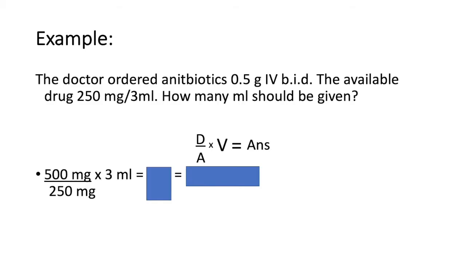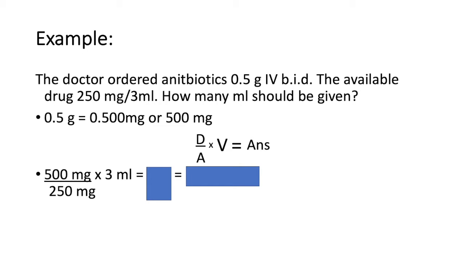So example, the doctor ordered antibiotics 0.5 gram IV, BID, or 2 times a day. The available drug is 250 milligram per 3 ml. How many ml should be given? So first, since the doctor's order is in grams, 0.5 grams, you have to convert it first to milligrams so that they have the same unit of measurement as the available drug.